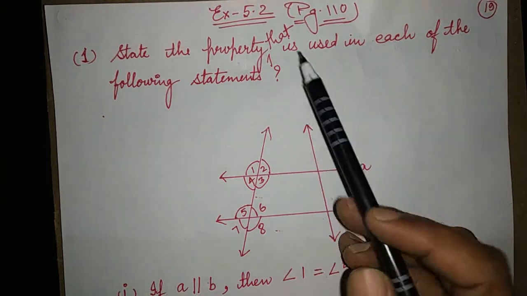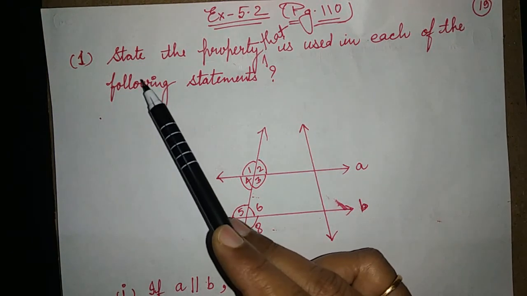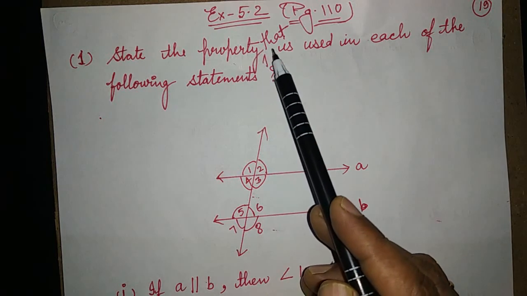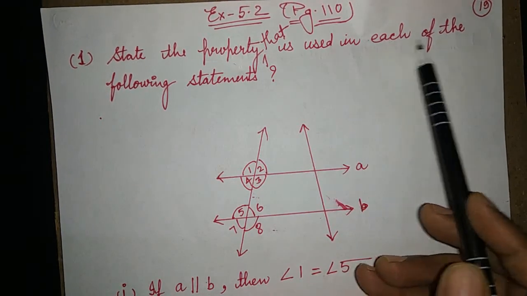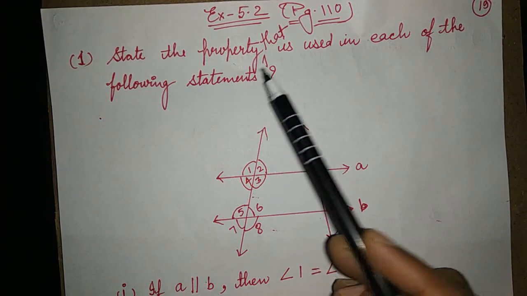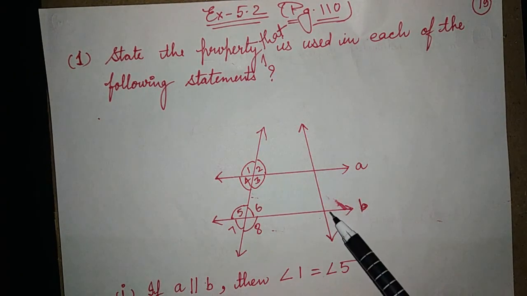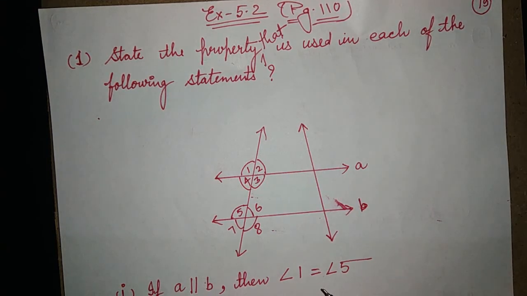Now see exercise 5.2. See the first question. State the property that is used in each of the following statements. Students, this is the given figure. On the basis of this given figure, we will give the answers. Okay.